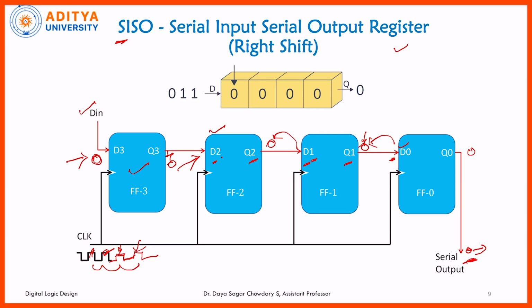You can see the data 0 0 1 1 0 given at the input side, and after the clock pulses the entire data is shifted to the right side. So this is a simple representation of SISO, serial input and serial output, and this is right shift, where the data is shifted from left to right.